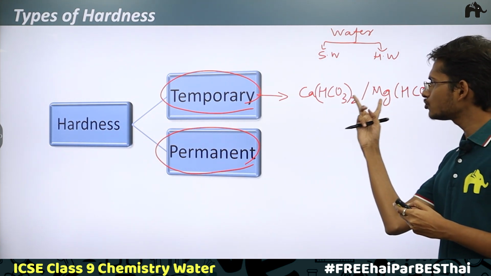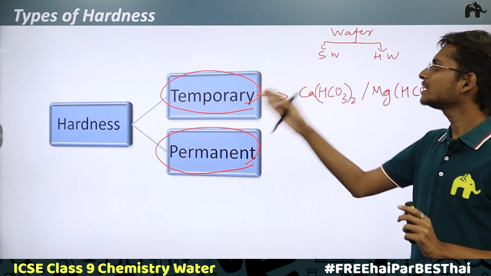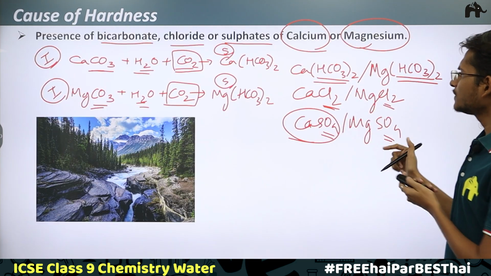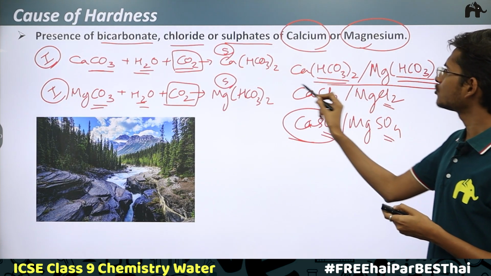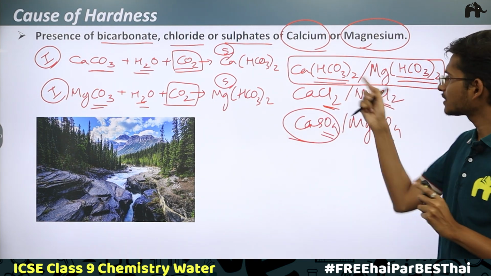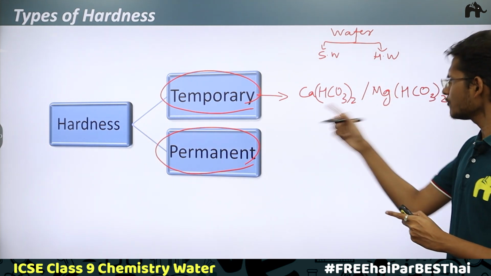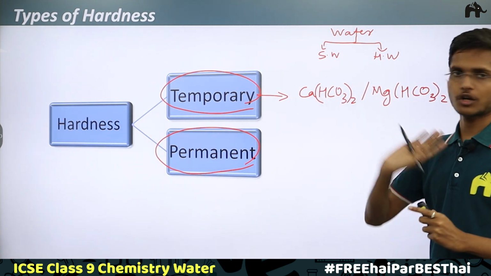If any of these two salts is present in our water, then our water is said to be temporary hard water. So out of these 6 salts, if only the first 2 are present, then our water becomes temporary hard.